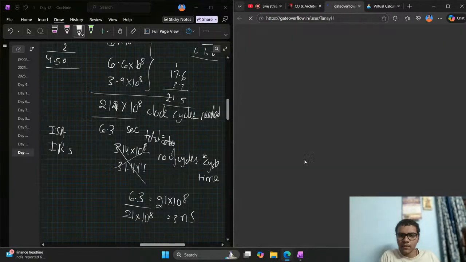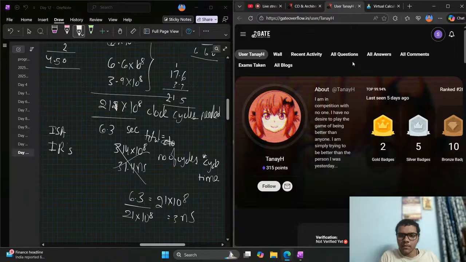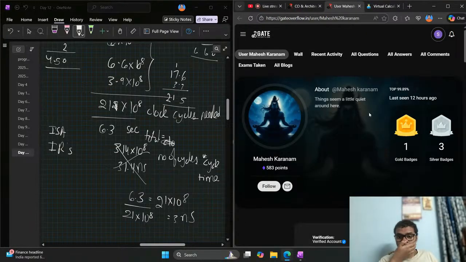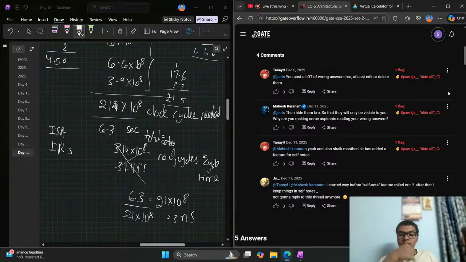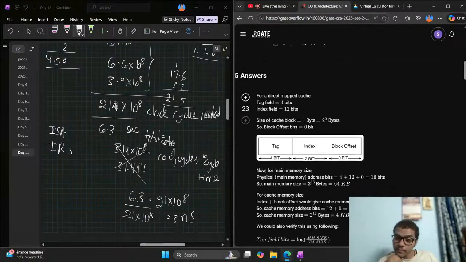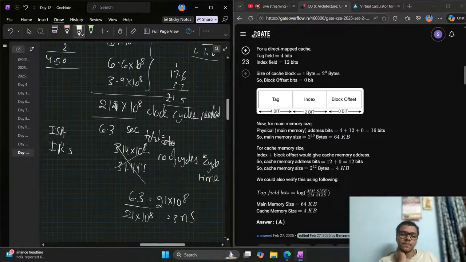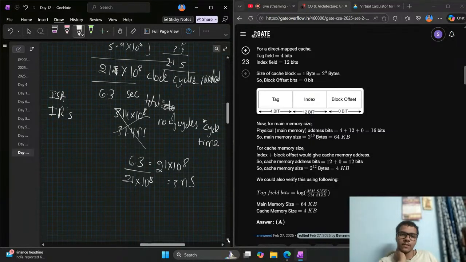So for a direct mapped cache, you have a tag.